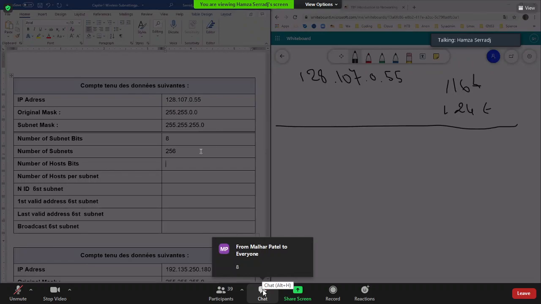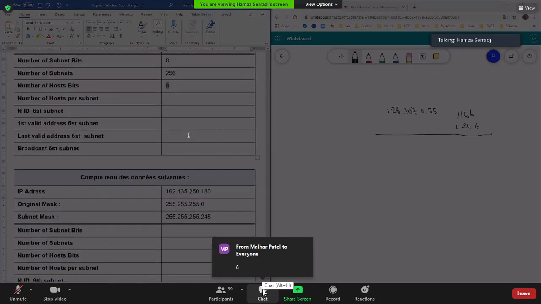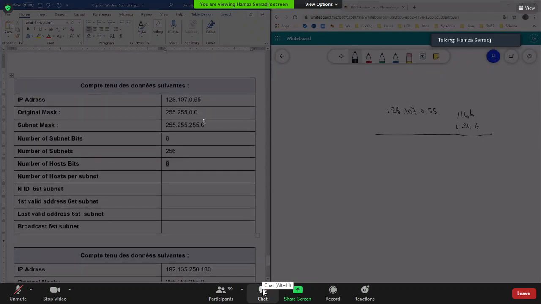People are saying 8. Of course, it's 32 minus 24. All the fourth block here is still for the hosts, right? You see, it's for the host. This is my 8 bits, right?